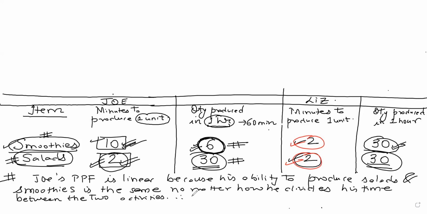That is, therefore, I can write Joe's opportunity cost is constant. Or I can say the marginal opportunity cost is constant.